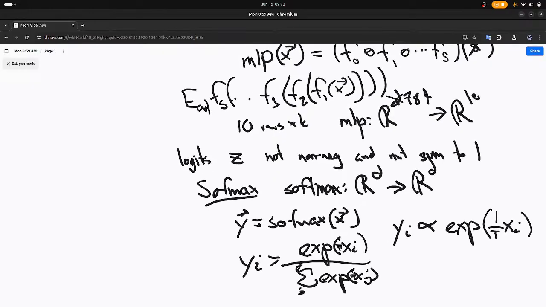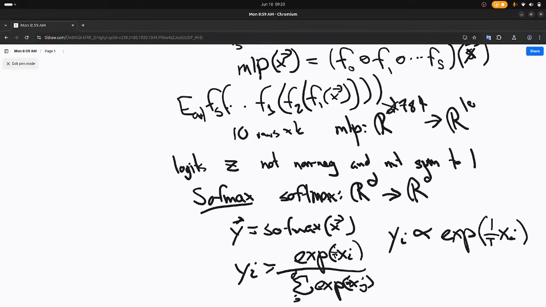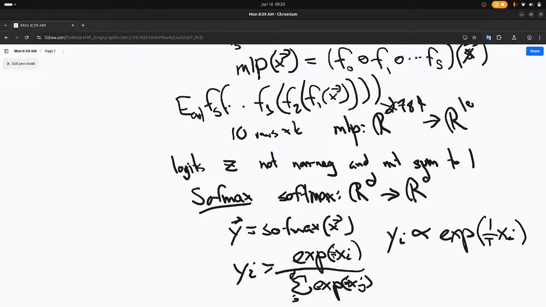But in any case, we now have a vector y that sums to 1 and is positive, so it's a probability distribution, a probability mass function, and we can use this at the very end. And then we have a good neural network.